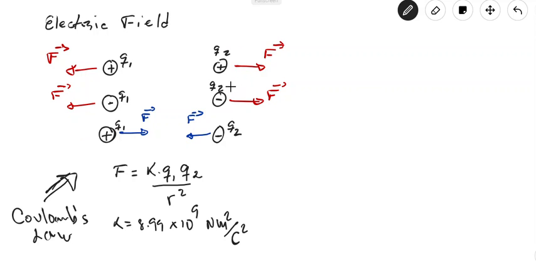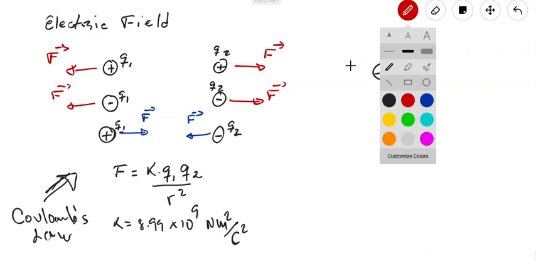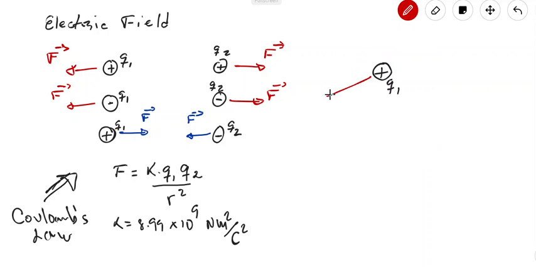Well, what we want to introduce now is the concept of electric field. When we have a charge, there is a field around this charge. If the charge is positive, like this one, my charge Q1, then the electric field is leaving the charge. We are representing in red the electric field lines.